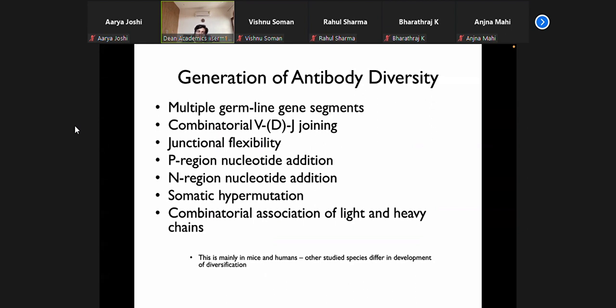Either they start dividing so rapidly that they end up becoming lymphomas, or somehow they die in this process.